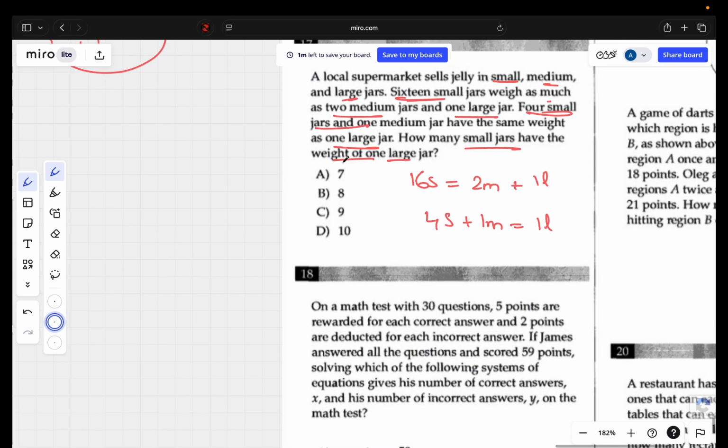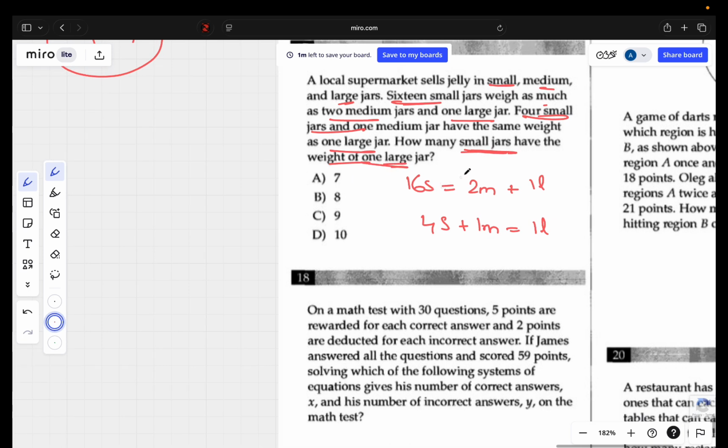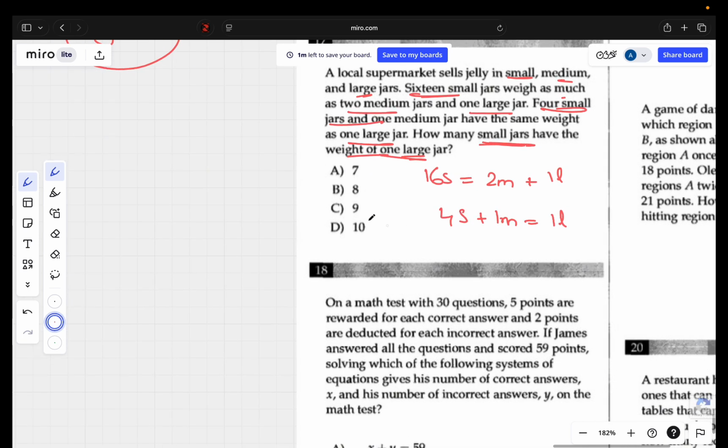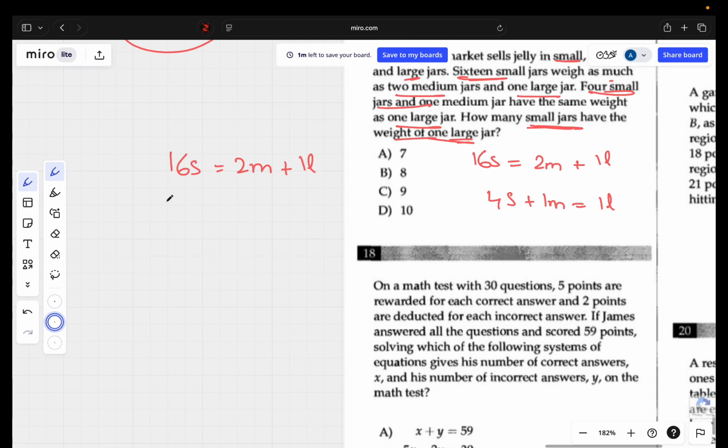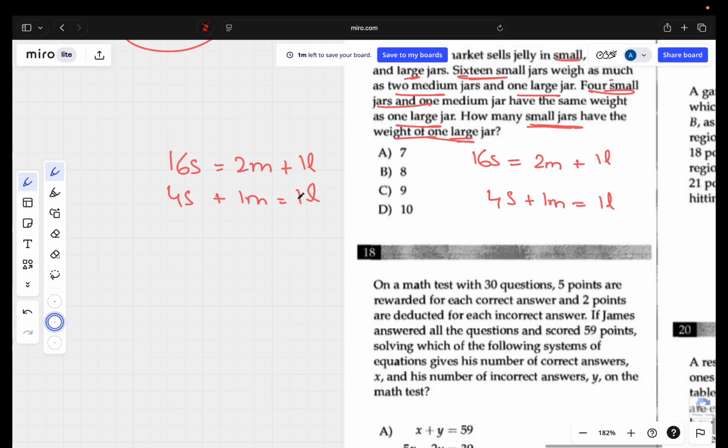So we're looking at small jars and large jars, which means we need to somehow eliminate m. I'll write this here: 16s equals 2m plus 1l, and 4s plus 1m equals 1l.